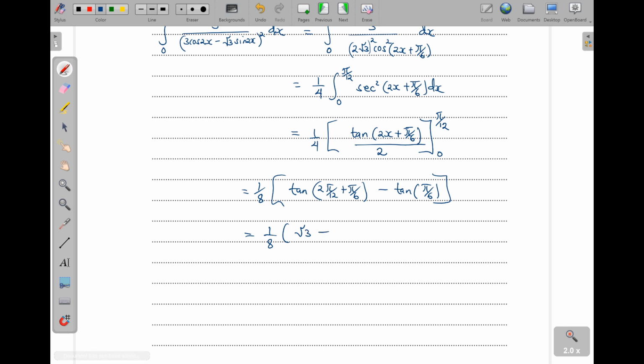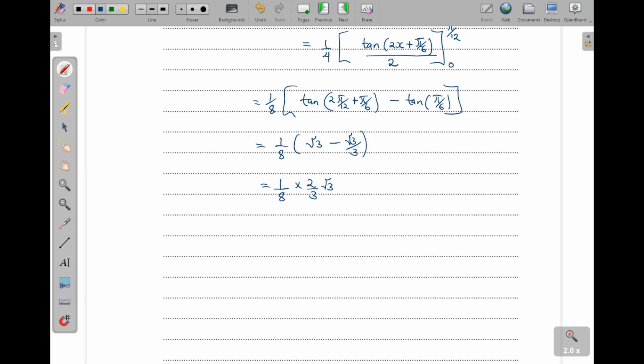And then this one is tan of 30, which is root 3 over 3, or 1 over root 3. Now 1 minus a third, okay, because root 3 here is common. 1 minus a third gives us 2/3, right? So that means we shall get 1 over 8 times 2/3 of root 3.